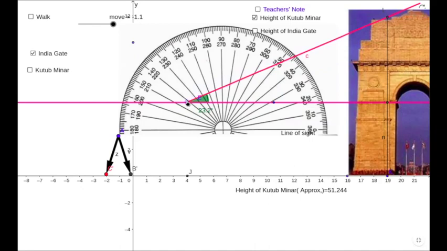Move to 4, note down the angle. Move to 5, note down the angle. Like this, you have to complete the activity. So at 10 different positions, you note down the distance and angle of elevation, both.